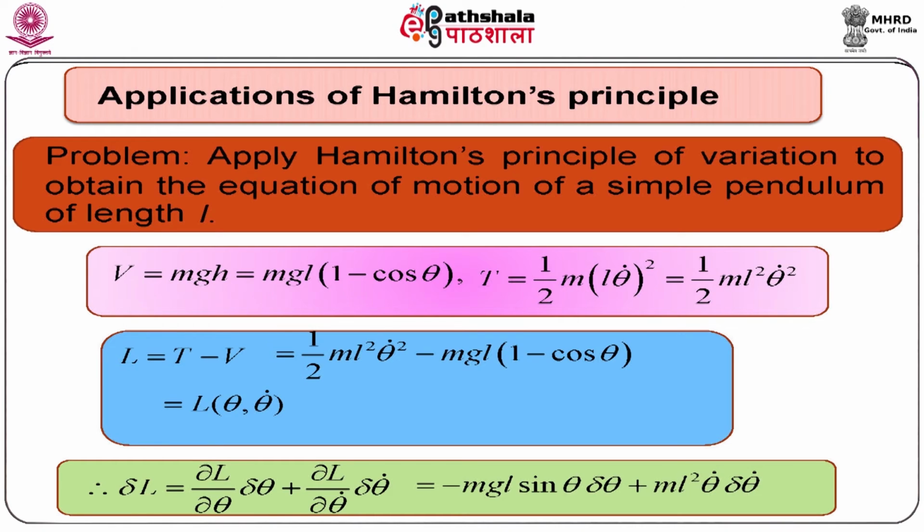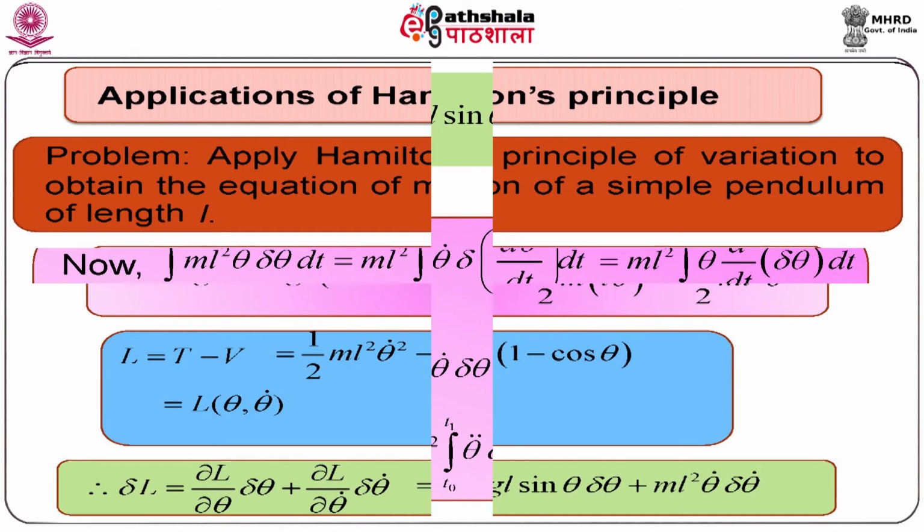If we take the variation of L, we get δL = (∂L/∂θ) δθ + (∂L/∂θ̇) δθ̇ = −mgL sin θ δθ + mL² θ̇ δθ̇.